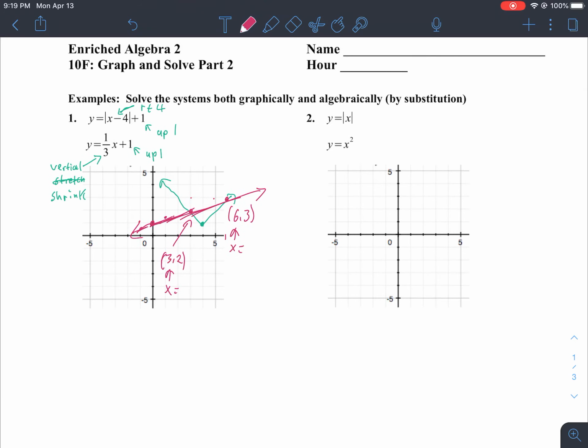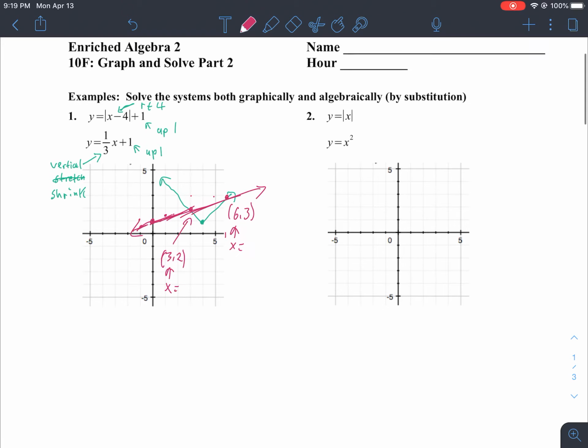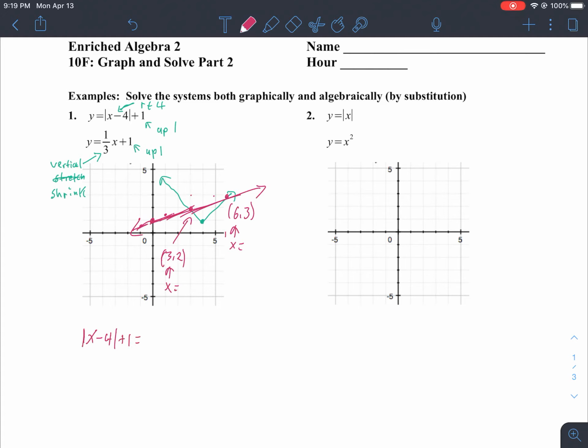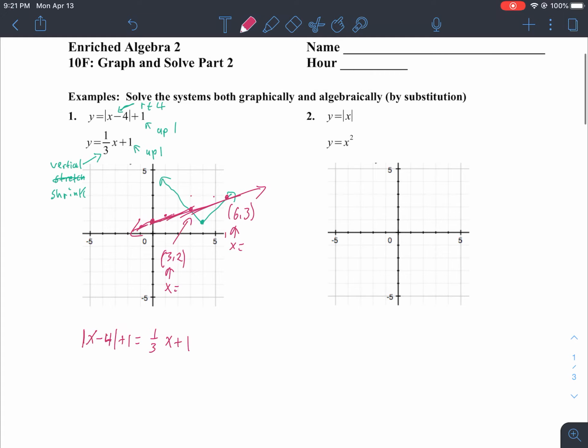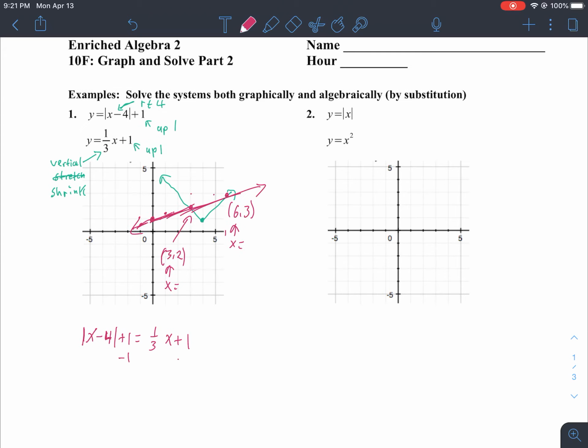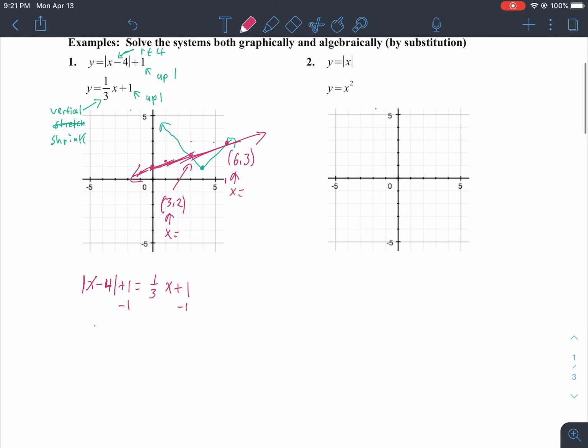Okay, now we have to solve it both ways. We're not trying to solve this problem as quick as possible. We're trying to see if we can get the algebra to match up with the graph. So we have the absolute value of x minus 4 plus 1 equals 1/3 x plus 1. Okay, we've solved these before from a couple worksheets back. We want to get the absolute value by itself, so we subtract 1 from both sides.